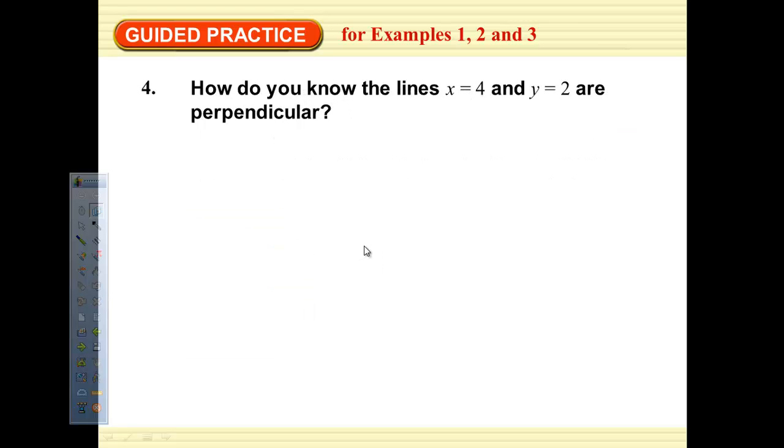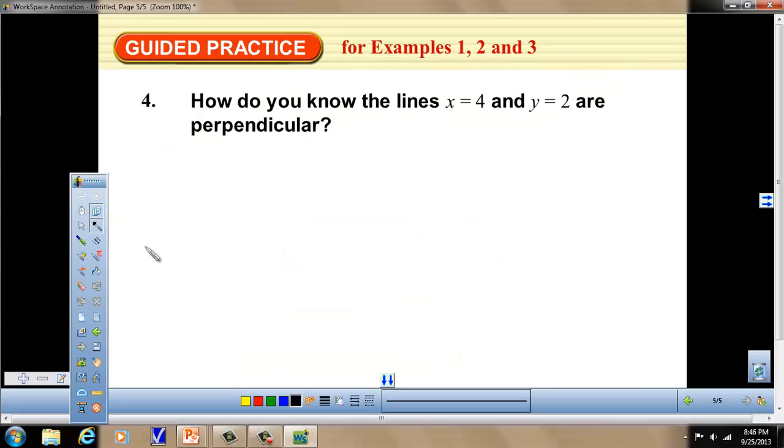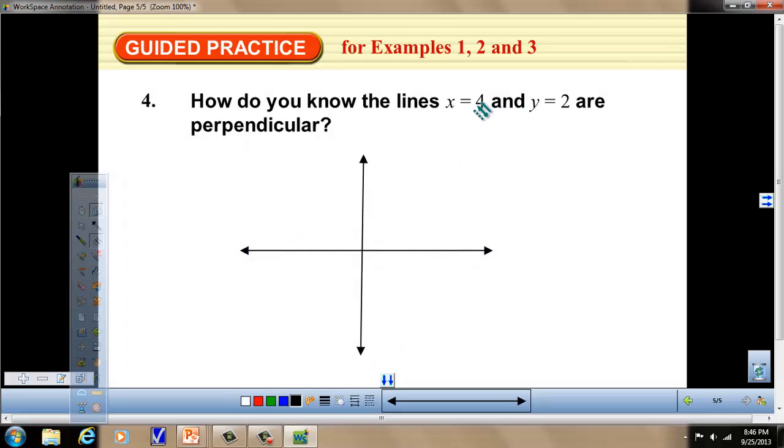And how do we know if these are perpendicular to each other? Let me go over what that would look like, because people sometimes have trouble with this. The way that I remember these types of equations is I look at this as telling me which axis it's going through.